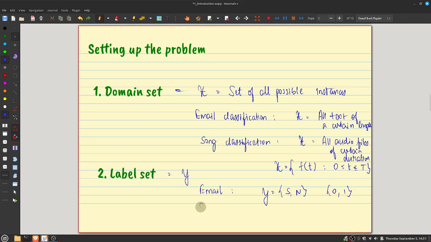Again, in the context of songs, Y could be the class of all genres: rock or pop or something else, classical, and so on. But again, without loss of generality, I can assume that it is just 1, 2, 3 up to M, where M is the number of classes.